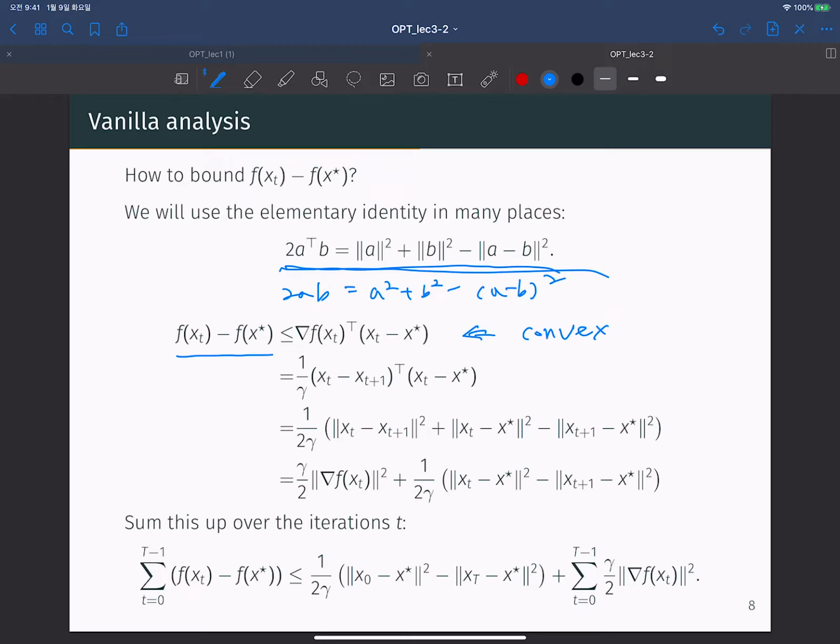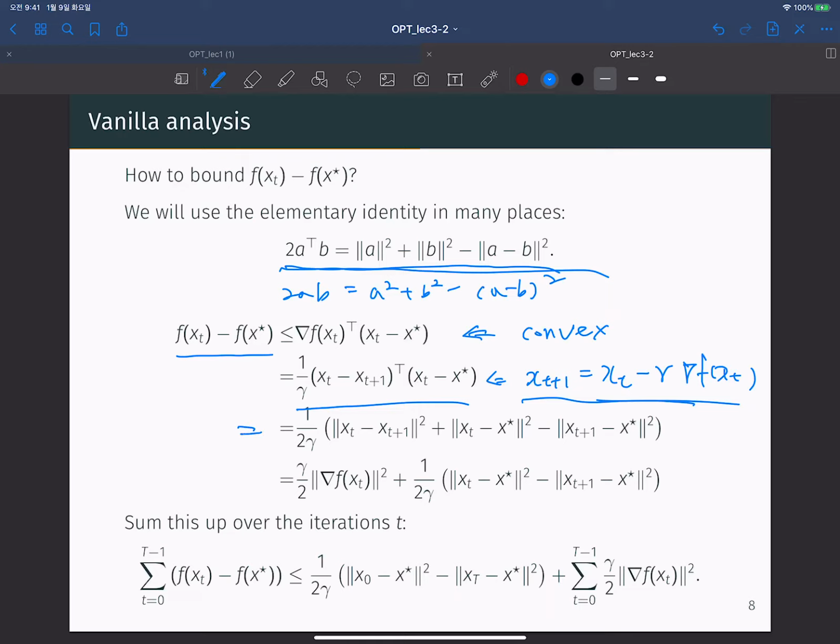And since the gradient descent approach is x_{t+1} equal to x_t minus gamma, the step size, times the gradient of f(x_t), when we replace the gradient by this one, we have this equation.